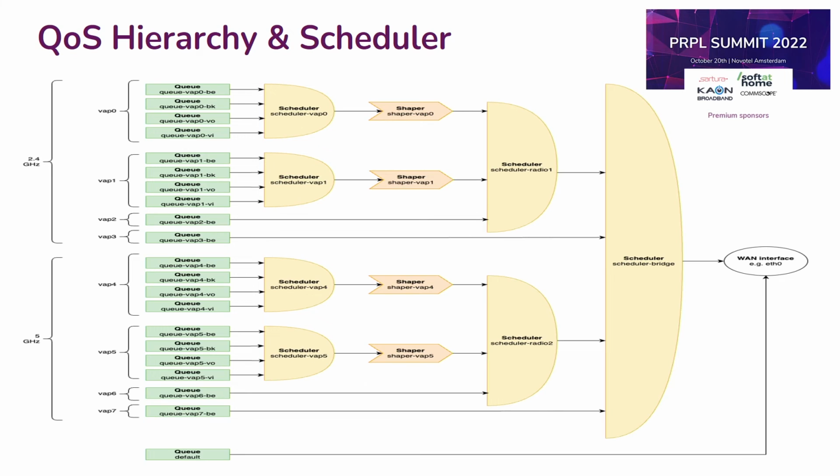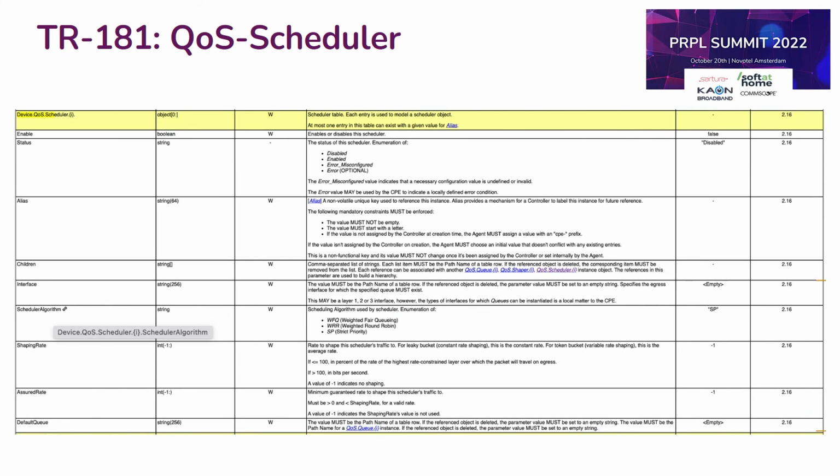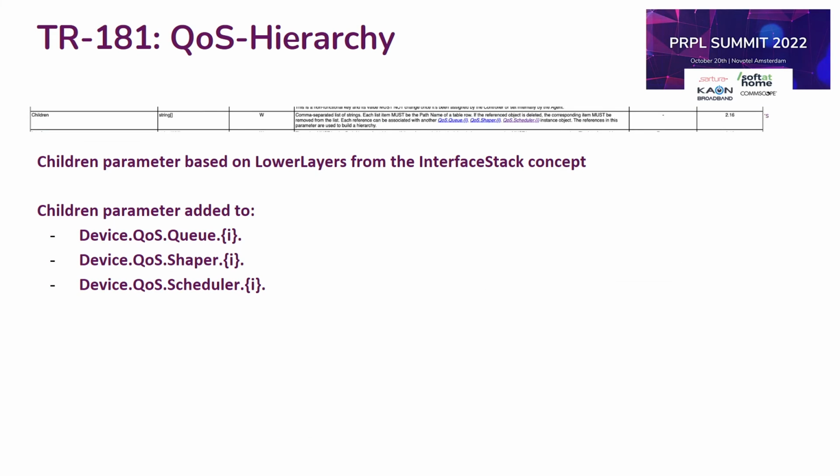So we worked again with them to add these concepts to the data model. So here's an example of a complex QoS scheme that you can have in your router, the data model to control it, and how we did the hierarchy.